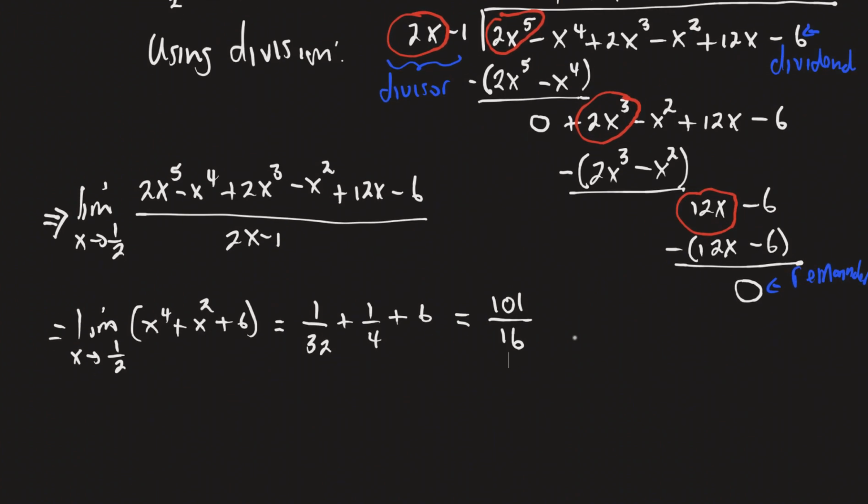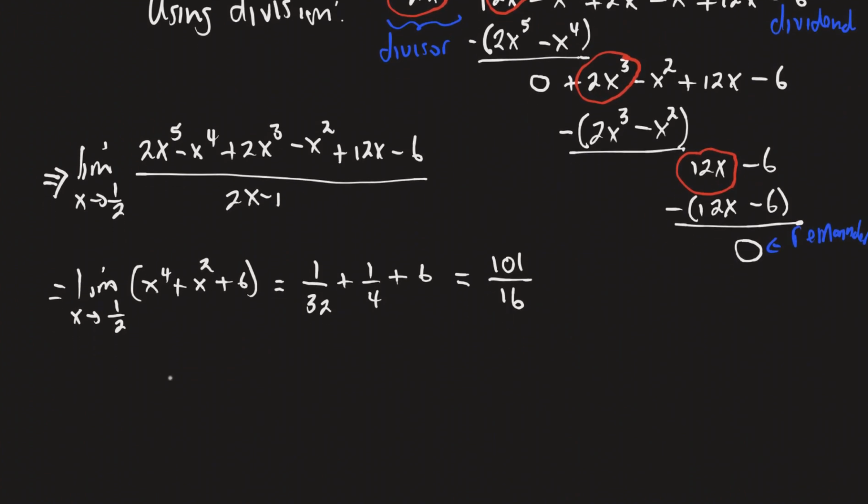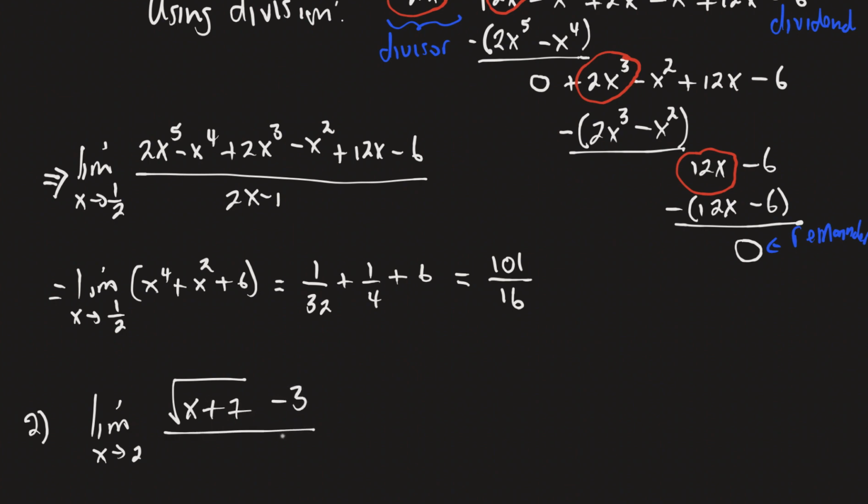Last example of our indeterminate forms here. So this is number 2 in this video. Let's take the limit as x approaches 2, and it's going to involve a root. So we have root x plus 7 minus 3 in the numerator, and then in the denominator we have x squared minus 4. Let's see, is this indeterminate?